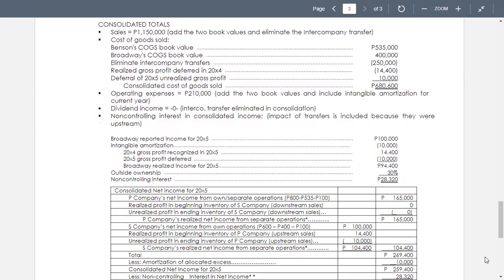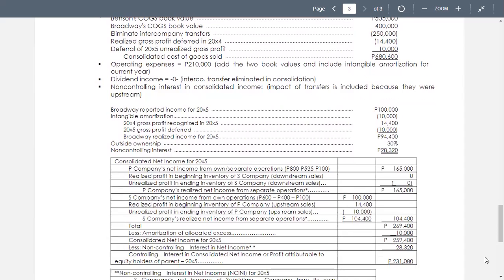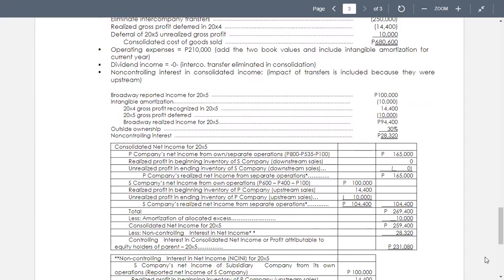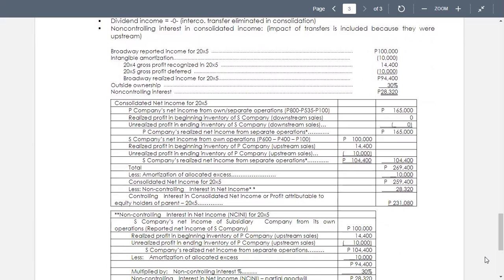So we have a total of 269,400 and we deduct the amortization of allocated excess. So we have now the non-controlling interest net income of 28,320. The controlling interest is 231,080. That's your controlling interest in consolidated net income.